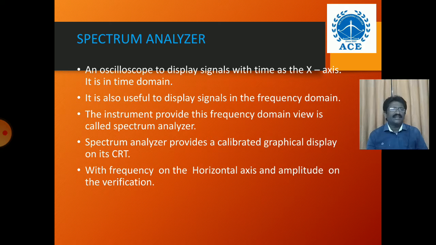Due to some reasons, you will get some distortion. That means you can observe some variation in the harmonics. With the help of the harmonic distortion analyzer, you can measure such variations. We call that distortion total harmonic distortion.